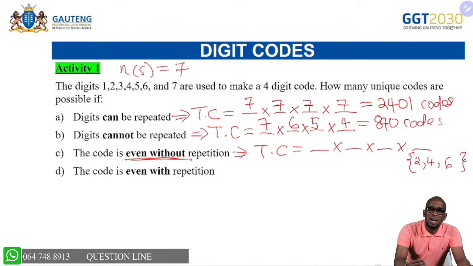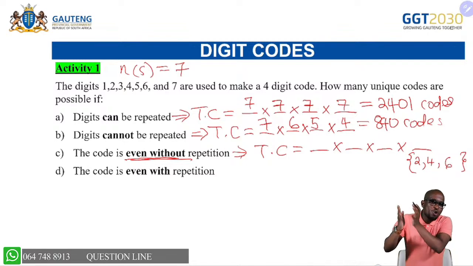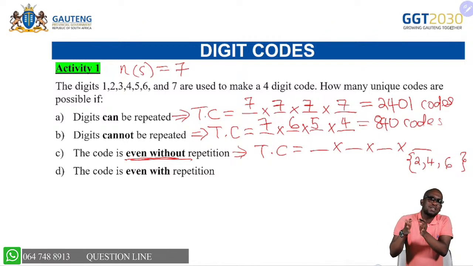These are the even numbers that are in the sample space, which means that in the last position, remember I said the code would always be even if the last position contains an even number, we define a new subset which represents even numbers.